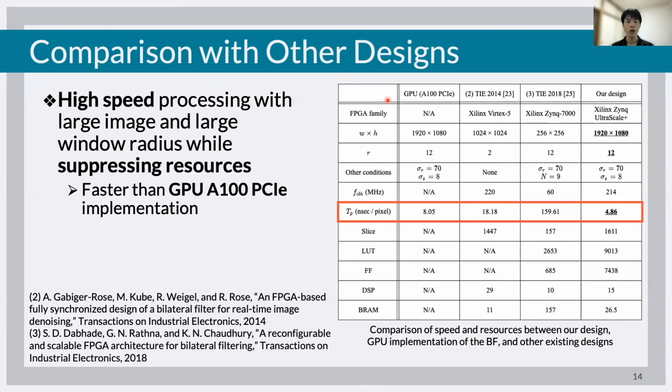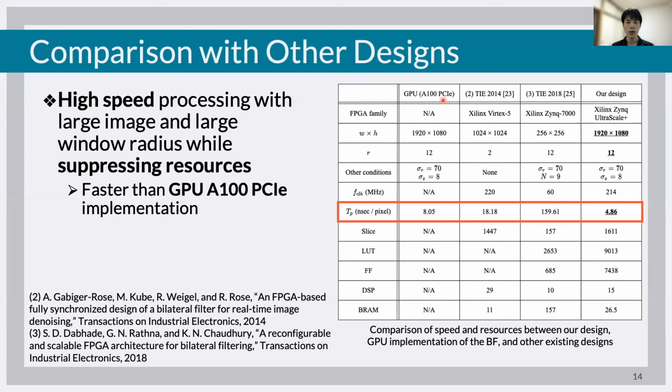Finally, we will compare our design with the other methods. The GPU A100 PCIe is one of the best performance GPUs, and these existing designs 2 and 3 are implemented on FPGAs. In GPU, we used OpenCV implementation in C++.